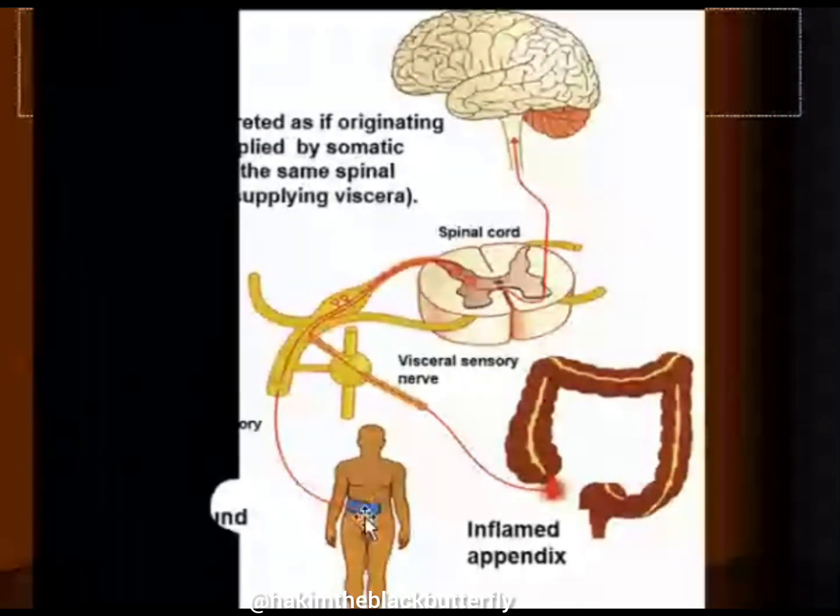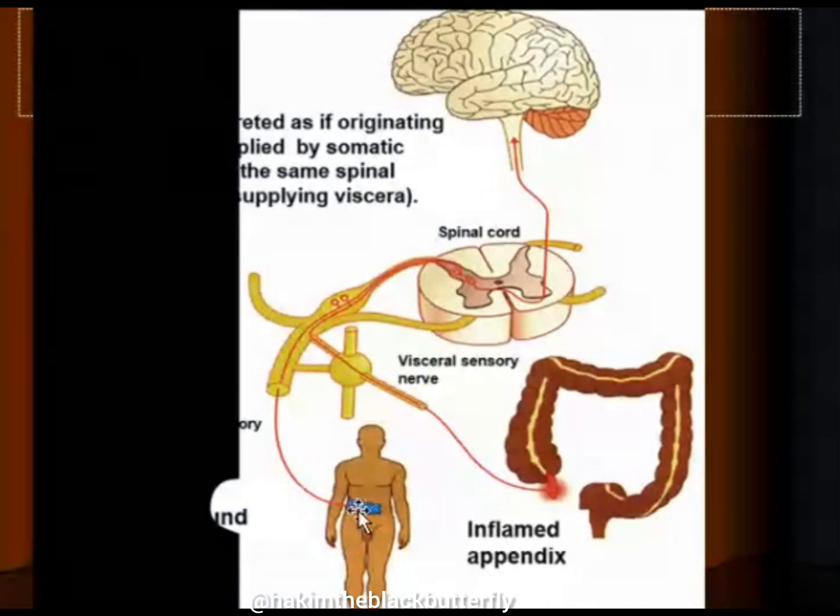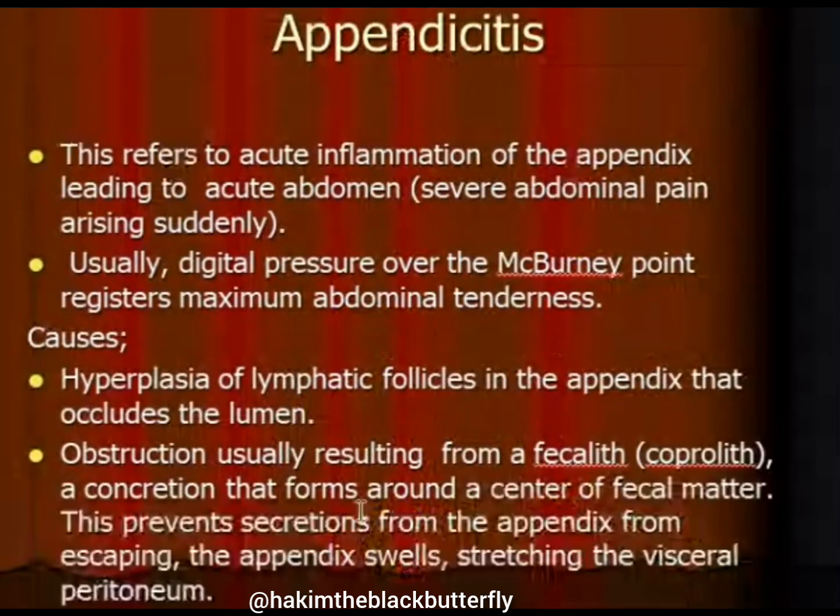It begins from there and then moves to the right iliac fossa. Why does it move to the right iliac fossa? Because the appendix is also going to spread the inflammation to the peritoneum there, but it originates from the umbilicus for the reasons that I have given you.